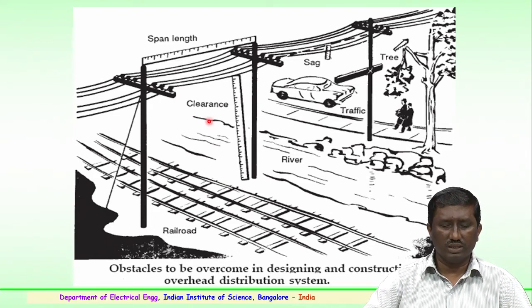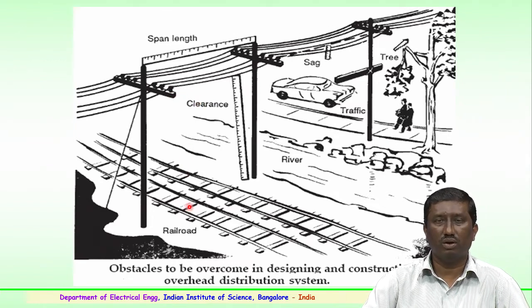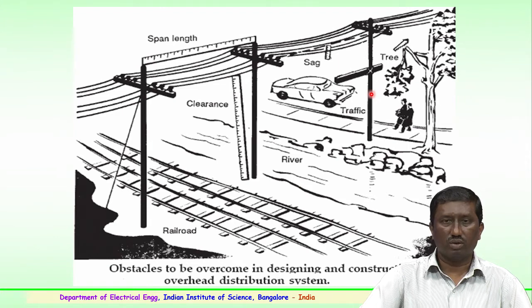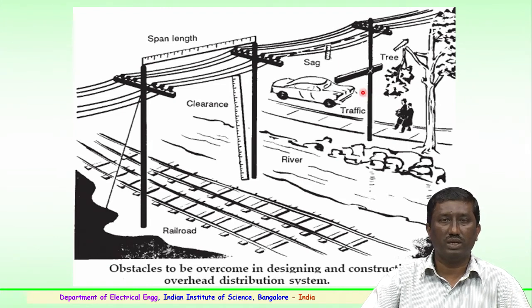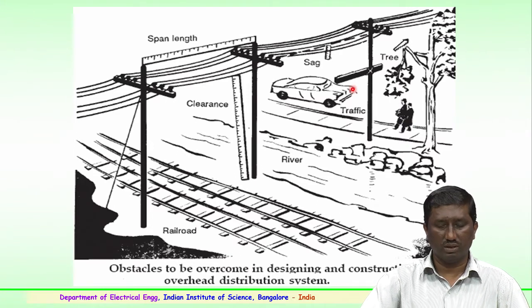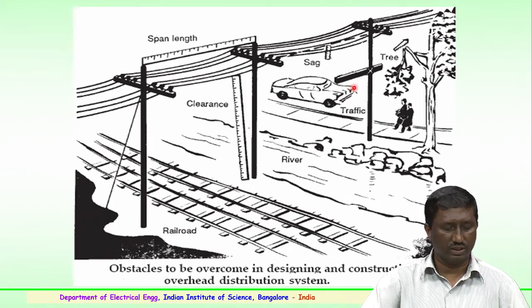Apart from the electrical clearances, minimum clearances for transportation, river crossing or vegetation have to be adhered to as per the norms and specifications prescribed by the international electricity rules or Indian electricity rules before the towers are constructed at different locations.